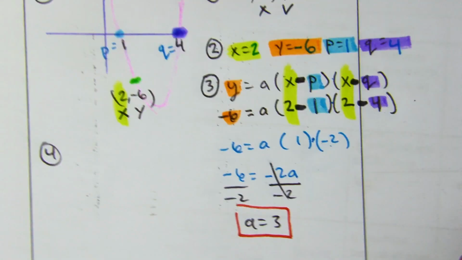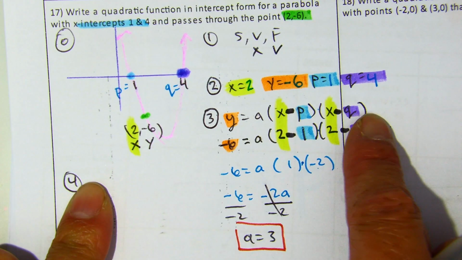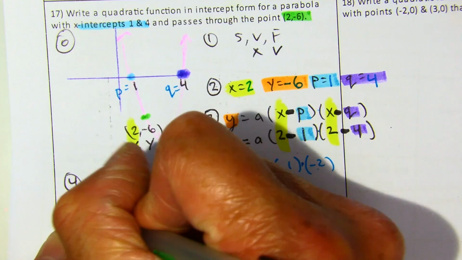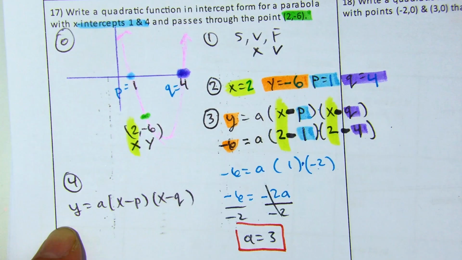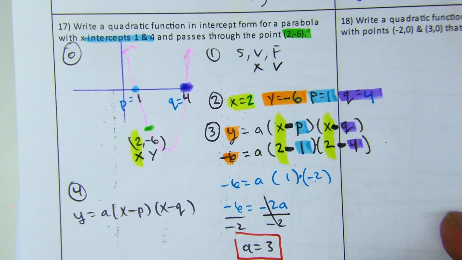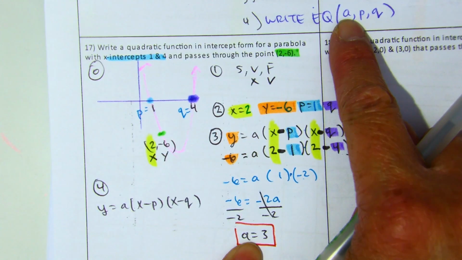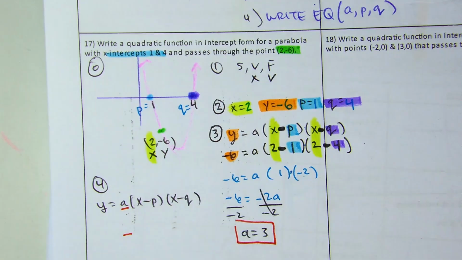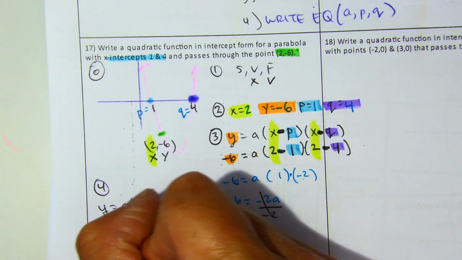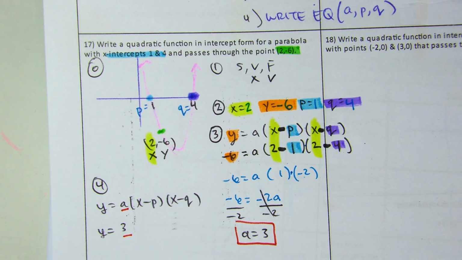When you're writing your equation, it might be helpful to repeat the form that we're using. So just repeat that. And you can repeat the colors, but we're only going to be using certain colors. I'm going to use the A, P, and Q. So A is here. Class, what's my A value? 3. Our P was 1.